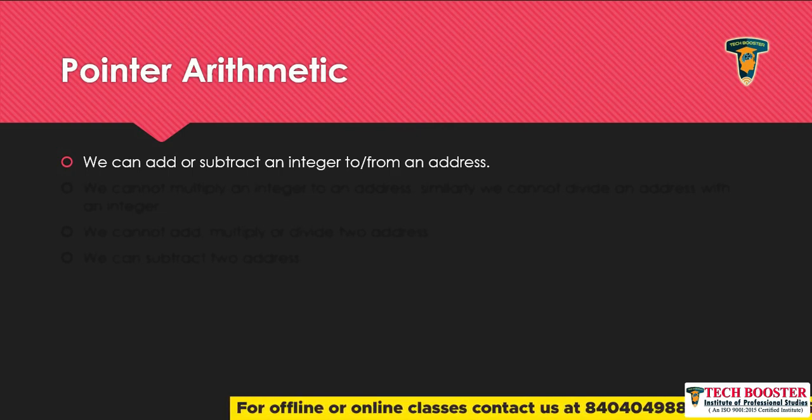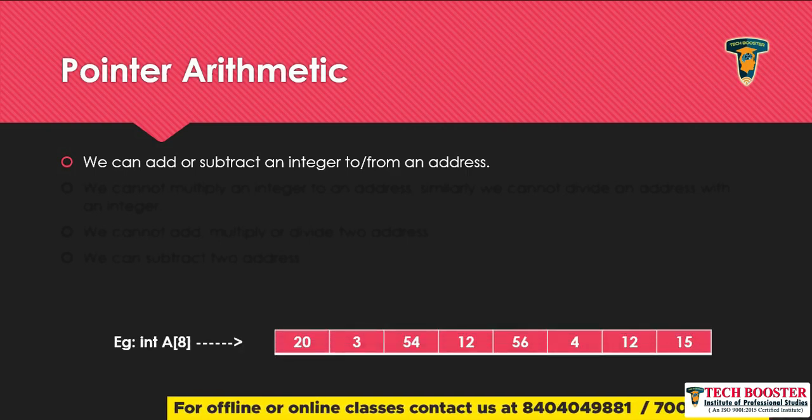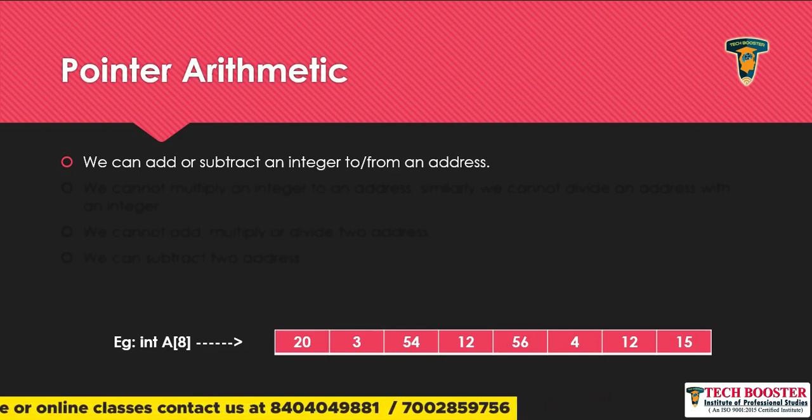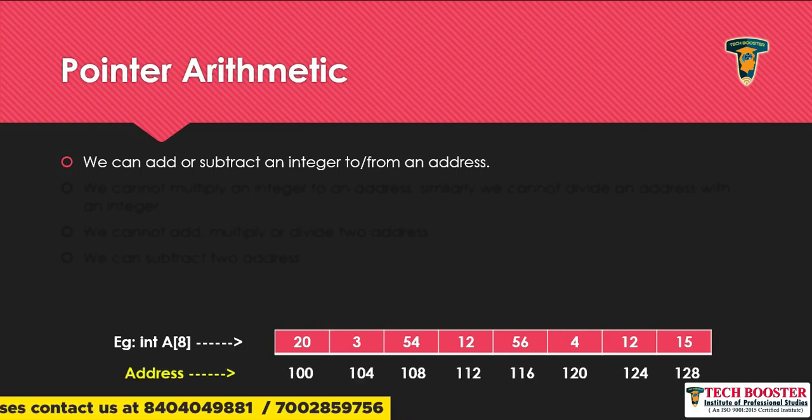So let me give you an example here. In this case, you can see I have considered an array consisting of 8 elements, which are of type integer. Now if I talk about their addresses, the address of my first element is 100, then the address of my second element is 104.